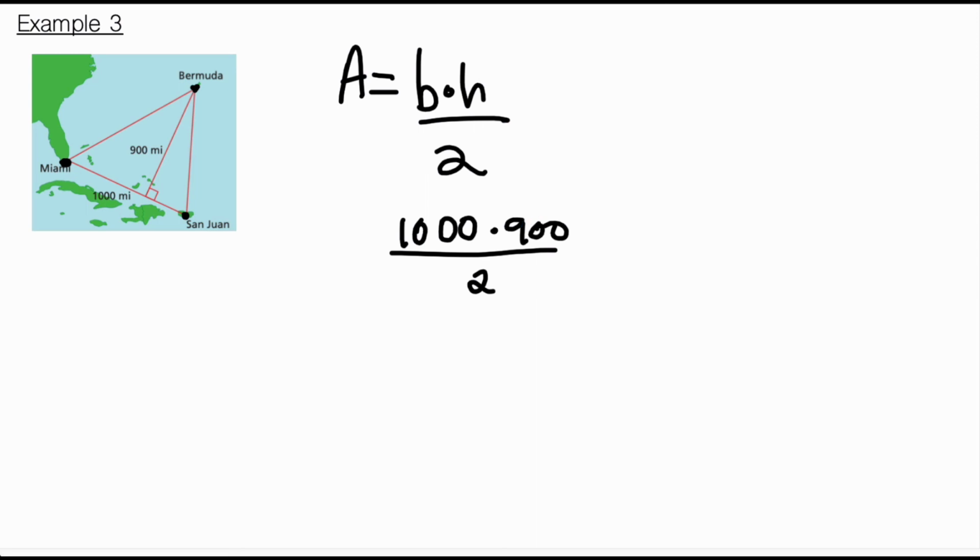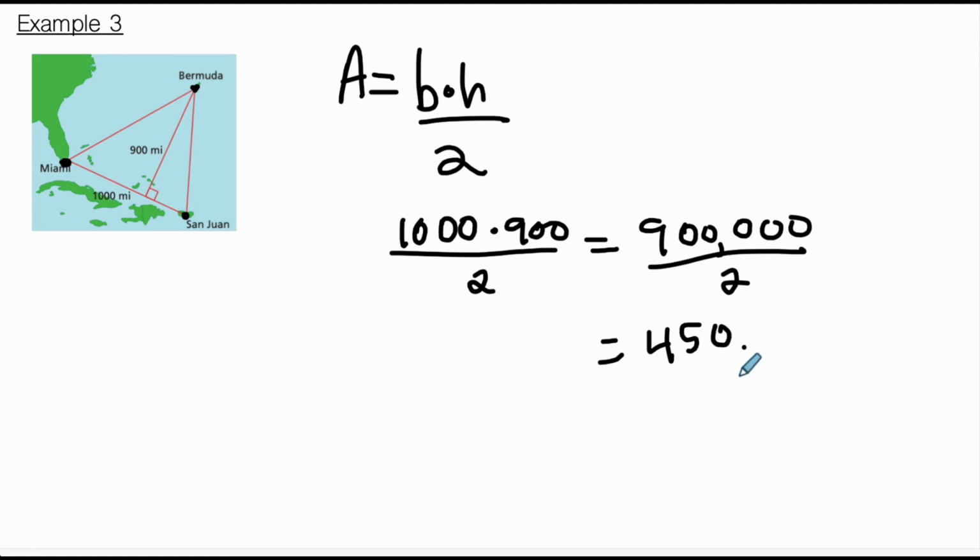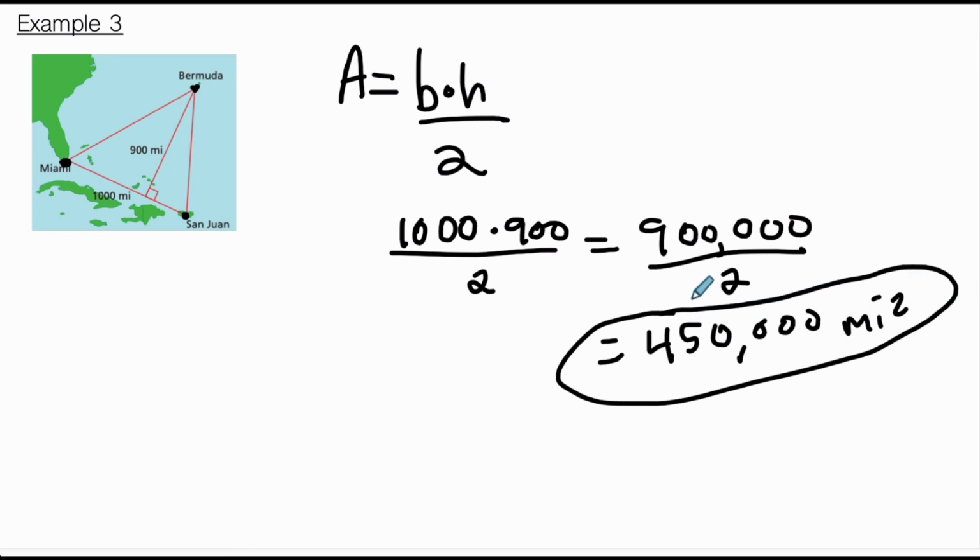I'm sure many of you realize this is going to be a big number, but 1,000 times 900 is 900,000. Cut it in half is 450,000 square miles of space in which your ship can get lost if you're sailing, apparently. Never been there, but that's how it works.